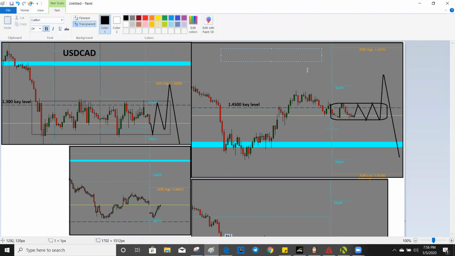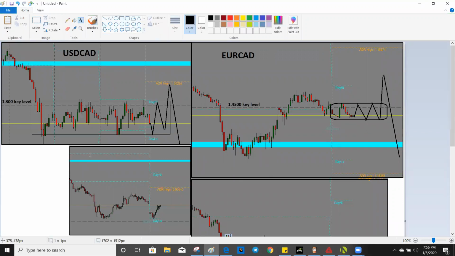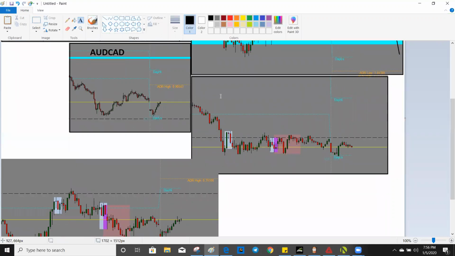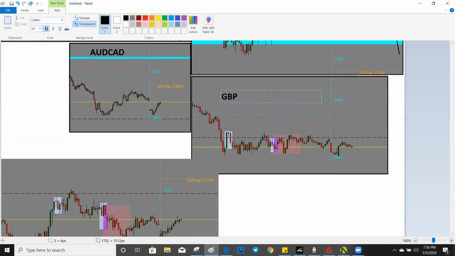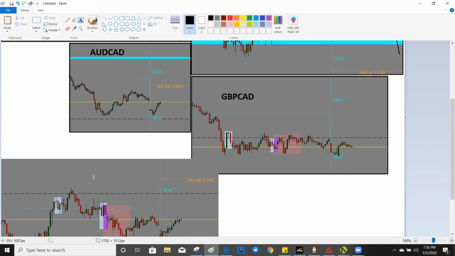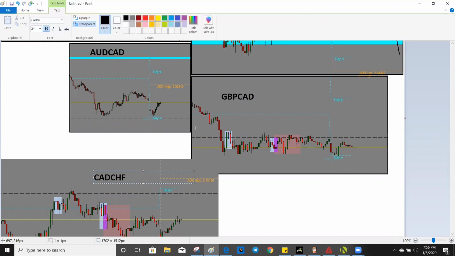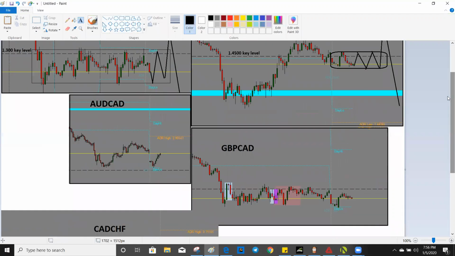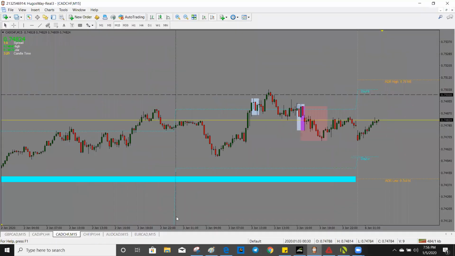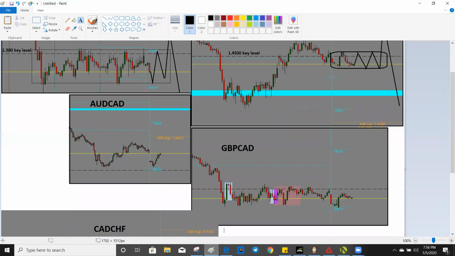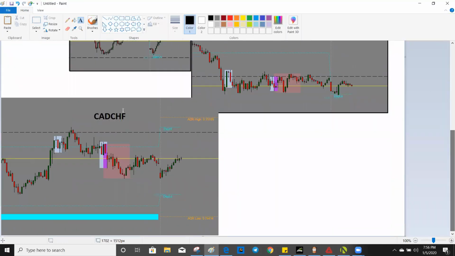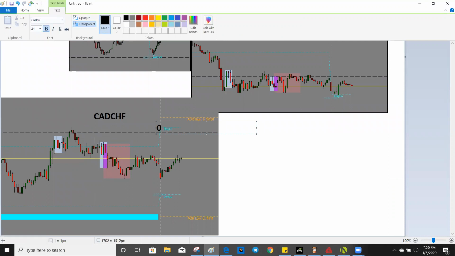This is Euro Canadian here, Australian Canadian, British pound, and we have Canadian Swiss. I'm gonna also type in the key levels for each one. So Canadian Swiss, this is 0.7500.